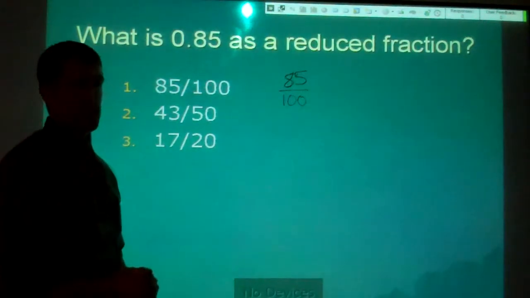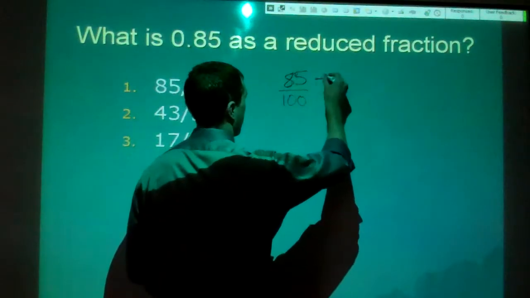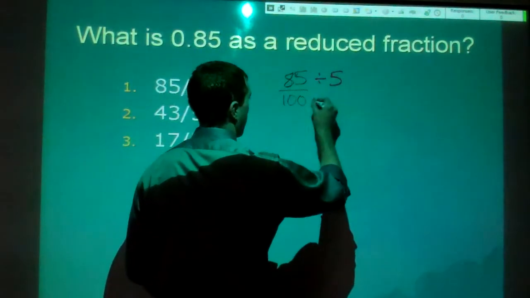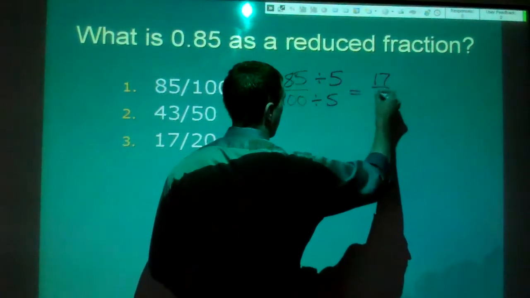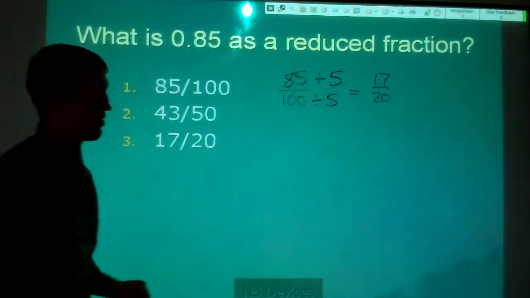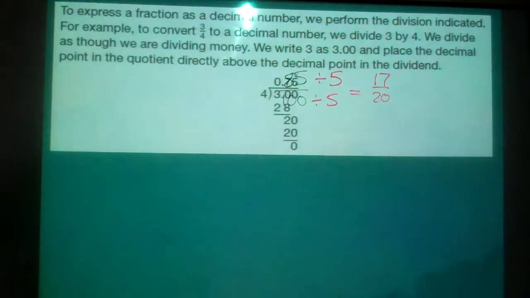And these numbers end in 5 or 0, so I know that 5 goes into both of them. Divide by 5, divide by 5, we get 17 over 20. So we should be looking at number 3 right there. Okay.